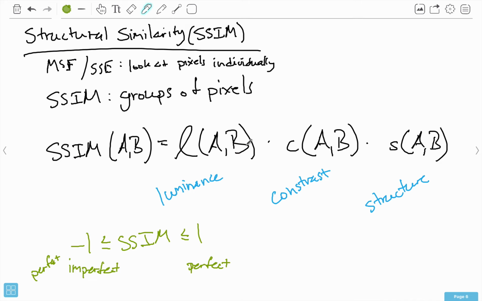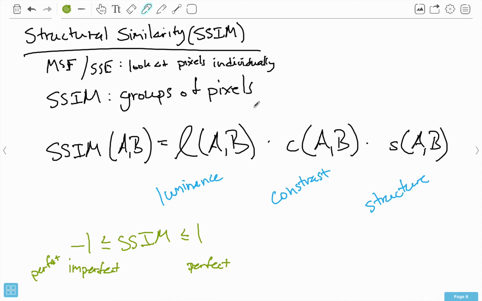But anyway, I'll stop right here and do a quick recap. With structural similarity, we try to take a different approach to considering image similarity, and that is we look at groups of pixels and perform statistics on those groups rather than looking at each pixel individually like mean squared error or sum squared error does.